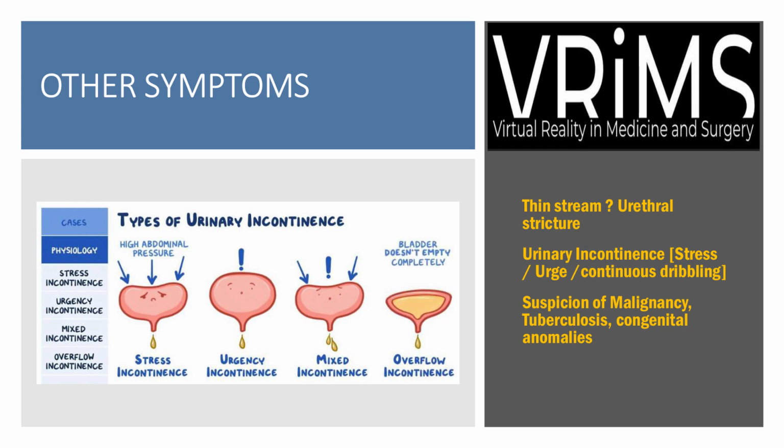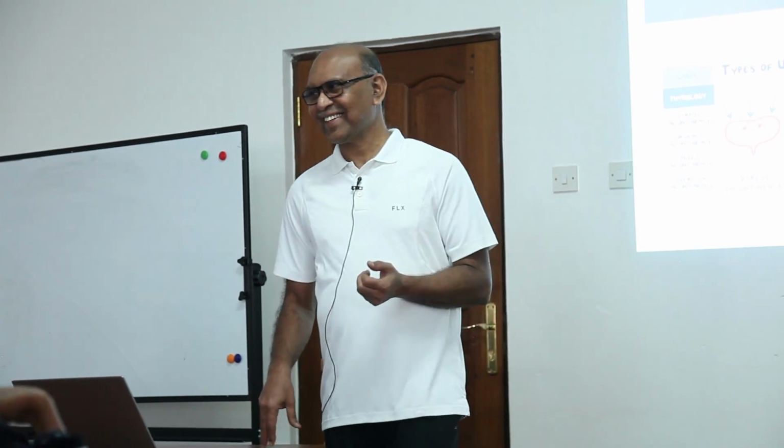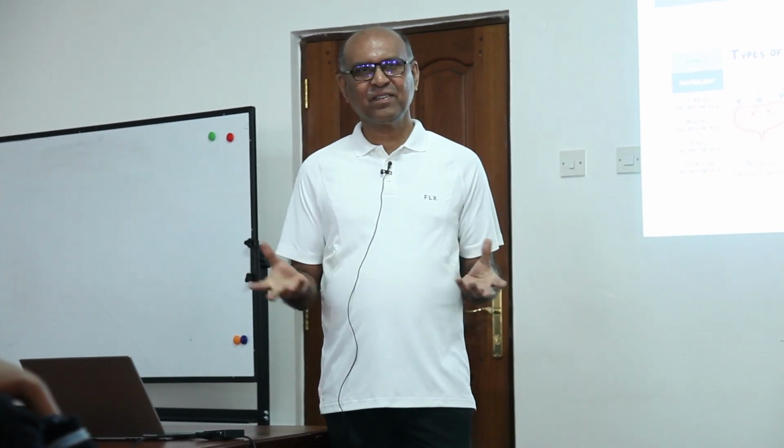And what is this thing called overflow incontinence? So where does the overflow incontinence come from? Complete void. If you're not able to void at all, if the bladder is full, then it can stretch a little bit.